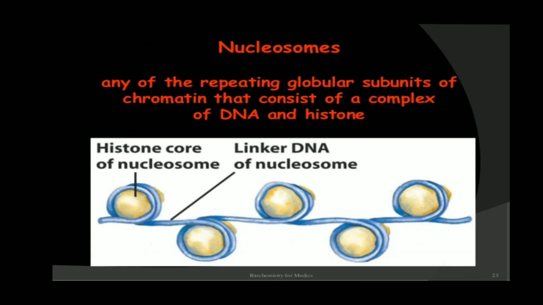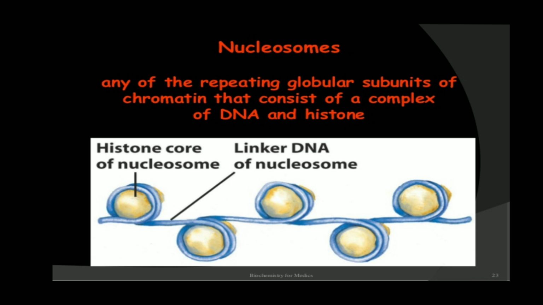Here in this photograph you can see the repeating globular subunits of chromatin, which consist of a complex of DNA and histone. Here you can see the DNA wound around these histone proteins. That is called the histone core of the nucleosome.